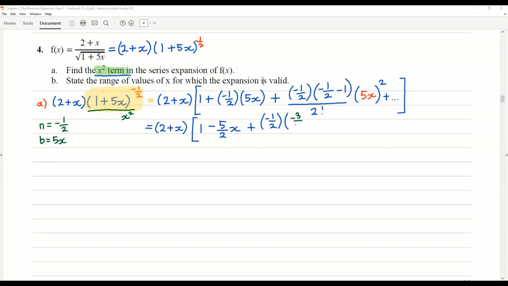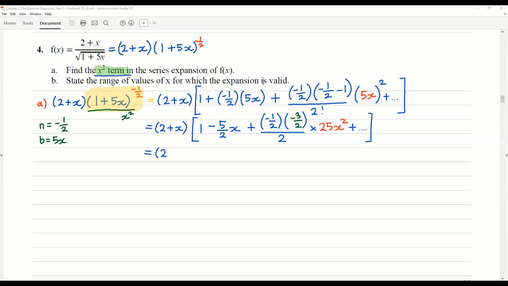Just be careful with that step, please. Over 2 factorial, which is of course 2, and then that's going to be multiplied by 5x all squared. So in other words, 25x squared. Okay, plus dot dot dot. And I think one more step just to tie that up.